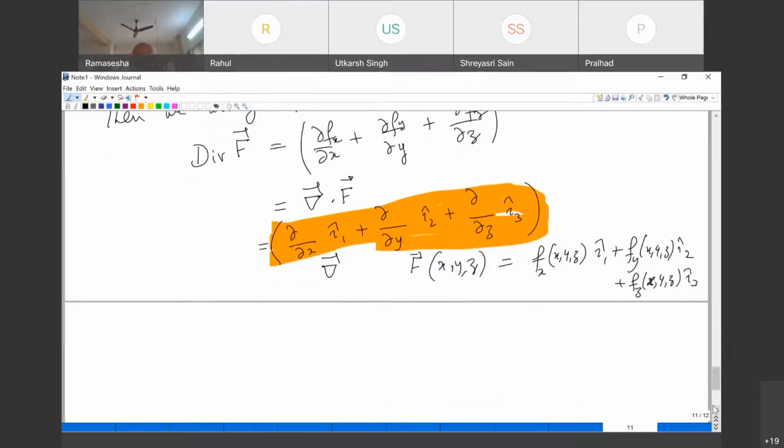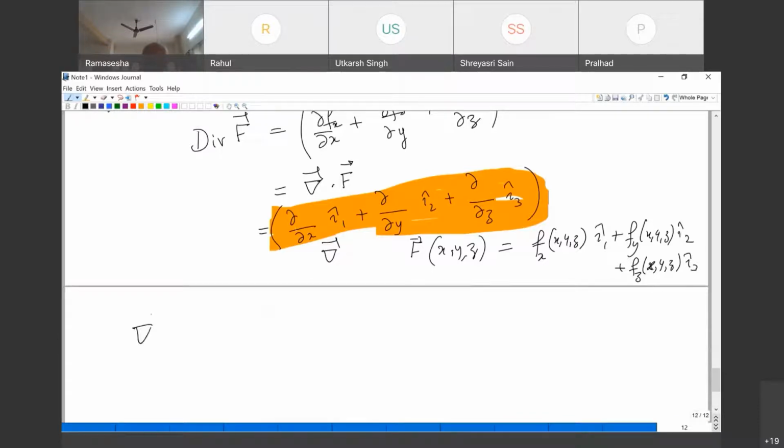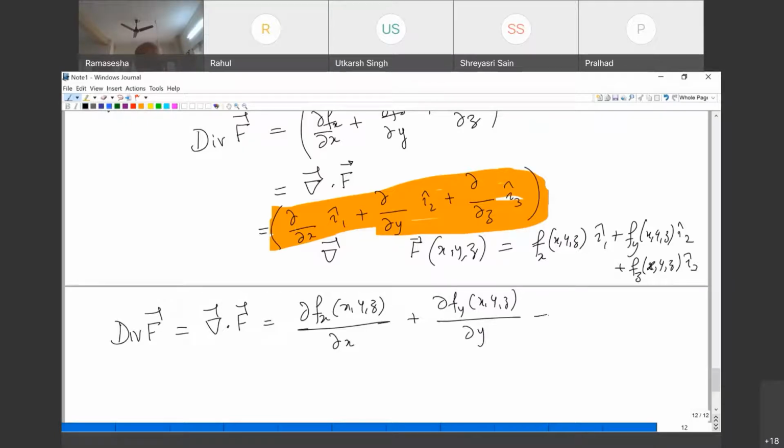So when I take the dot product, what I'll get is the following: del dot F is equal to del Fx(x,y,z) by del x plus del Fy(x,y,z) by del y plus del Fz(x,y,z) by del z. Is it clear?